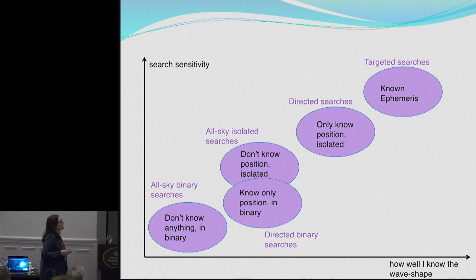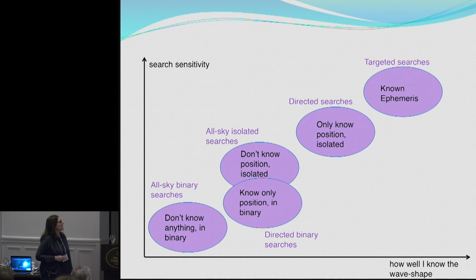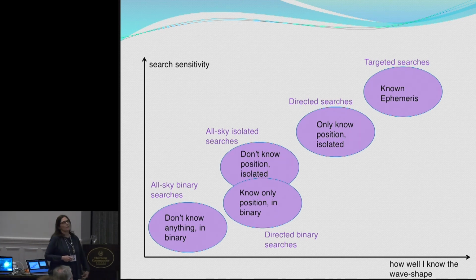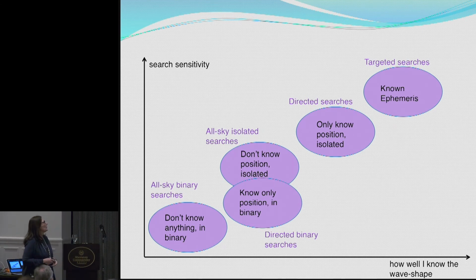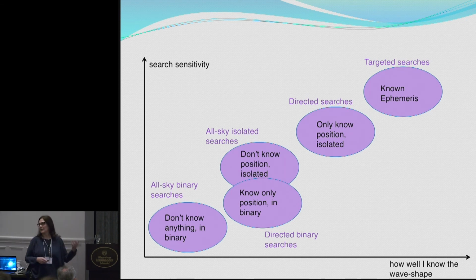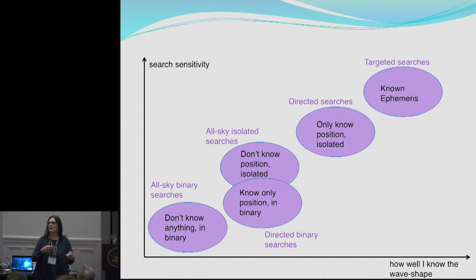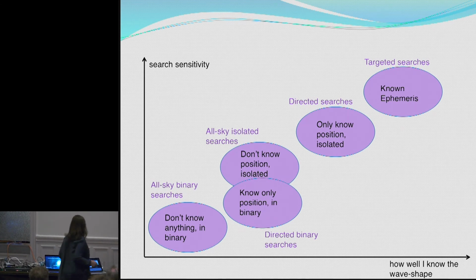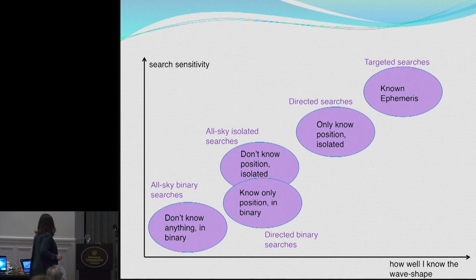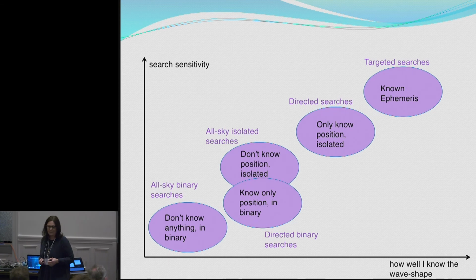And so going from the known-pulsar searches, where you basically know everything, to searches for objects for which you might know only the position, you don't know the frequency, you don't know the spin-down, to all-sky searches where you don't even know the position, and then even worse, if you do that for pulsars in binaries, where additionally you also have the orbital parameters, your search sensitivity decreases.